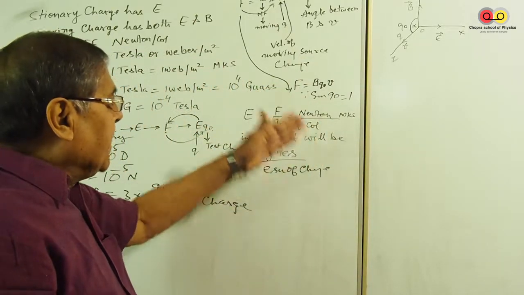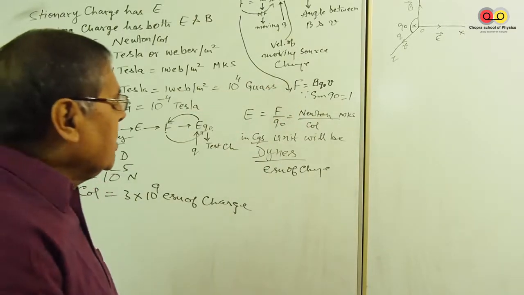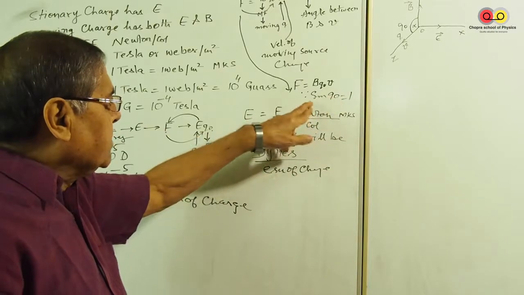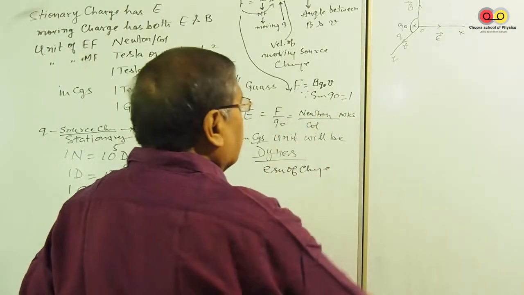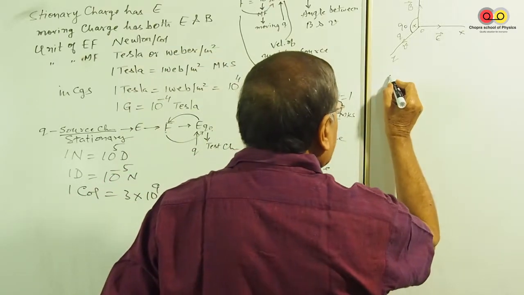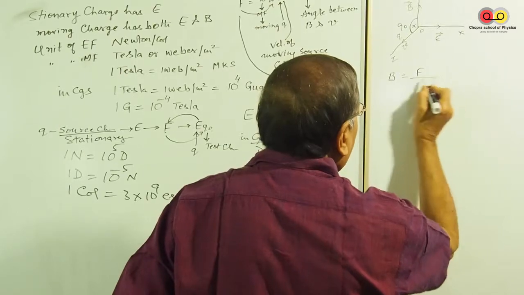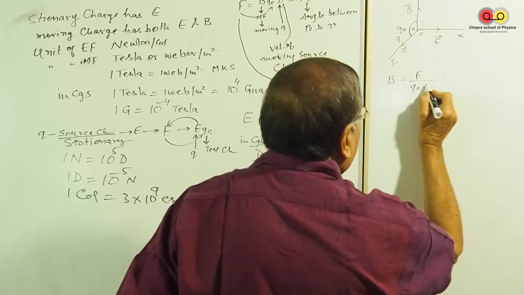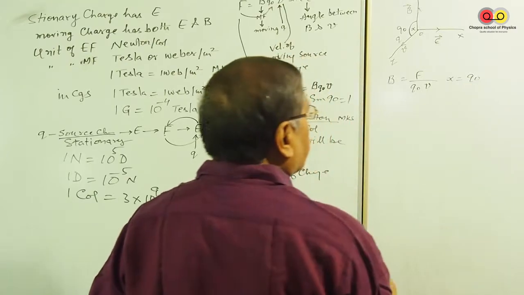So you are finding that some trigonometrical parts also we use in our equations. So F is B Q naught V, sine 90 is taken as 1. So this is the force due to magnetic field, and magnetic field can be written as F over Q naught into V, alpha 90 degrees.